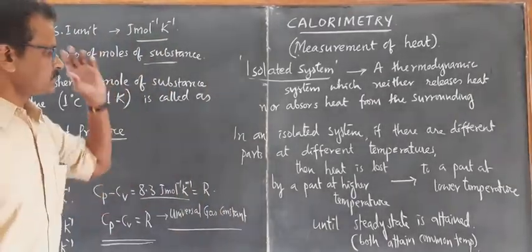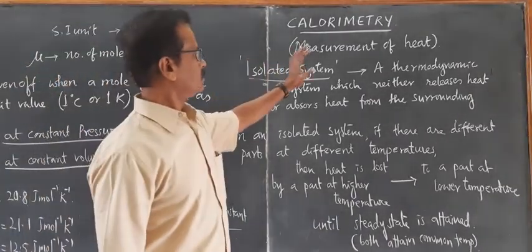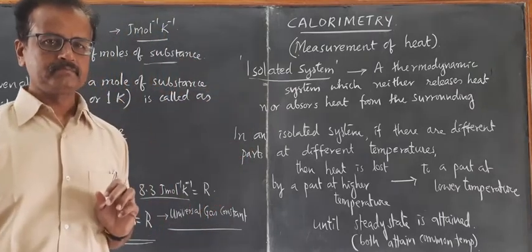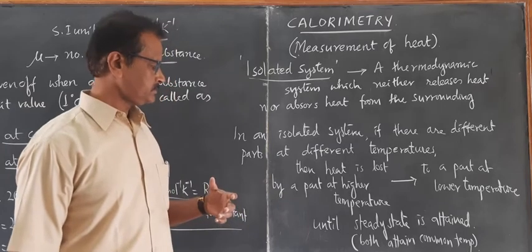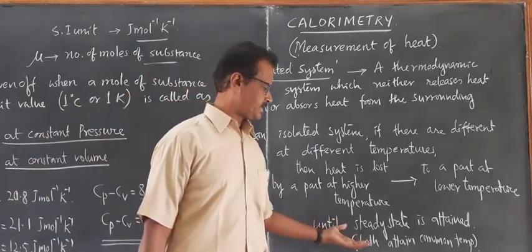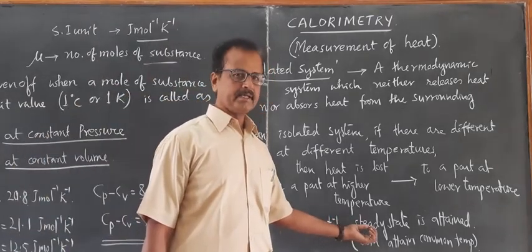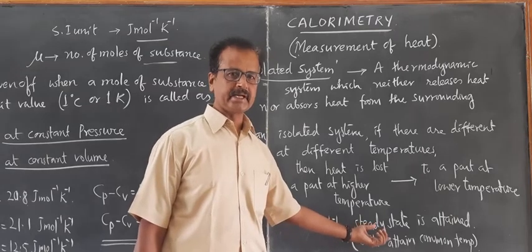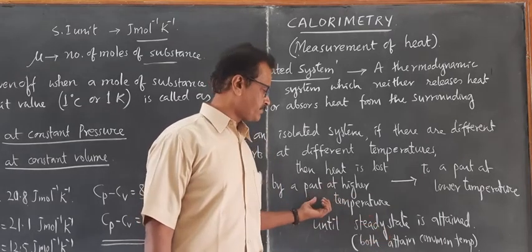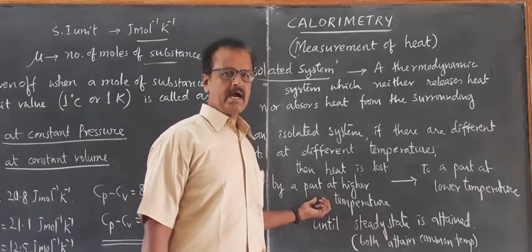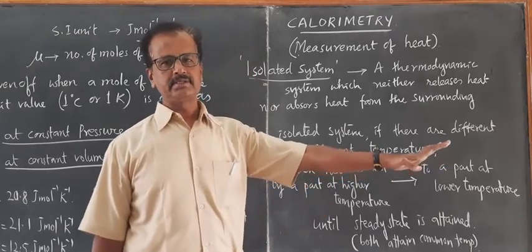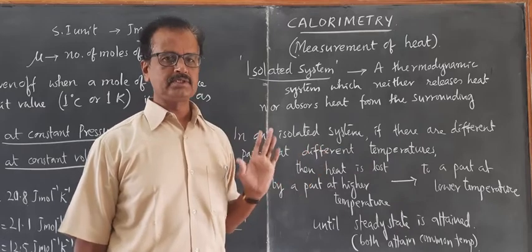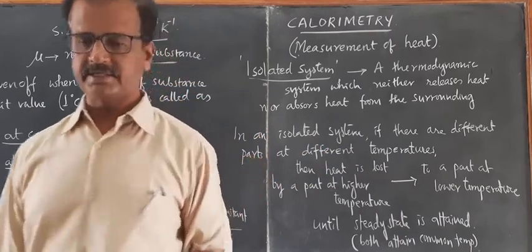So using this, we state the principle of calorimetry. The principle of calorimetry states that in equilibrium, in steady state, heat lost by a system at higher temperature is equal to heat gained by a system at lower temperature.